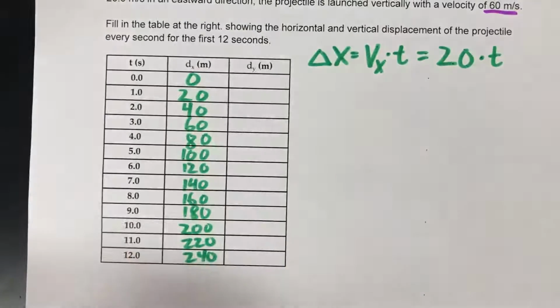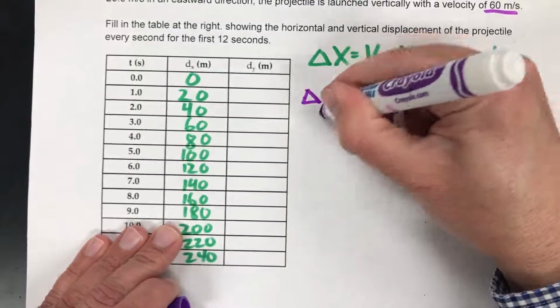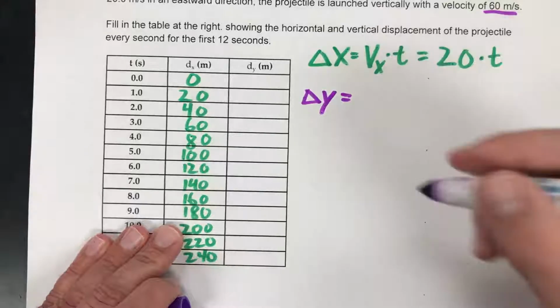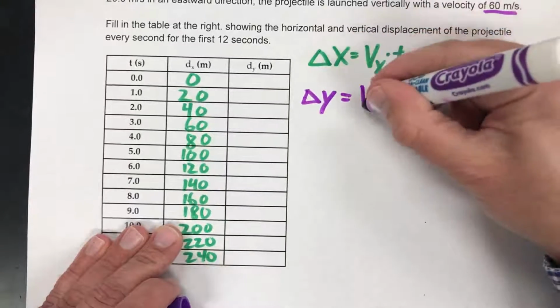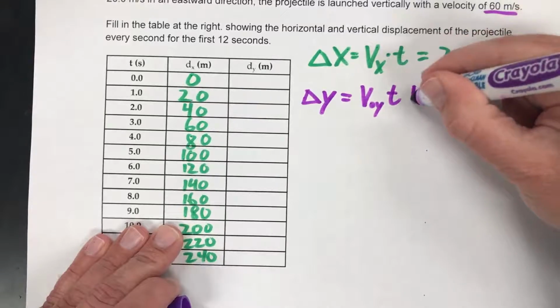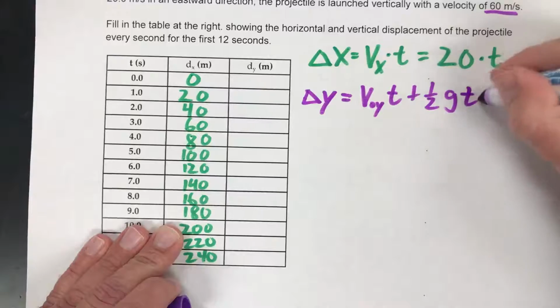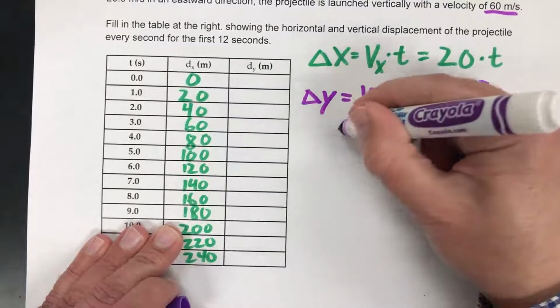Now vertically, it's a bit more involved here. So vertically, what we're going to do is use the third equation. Our vertical displacement will be equal to our initial vertical velocity times time plus 1/2 times g, our vertical acceleration, times time squared.